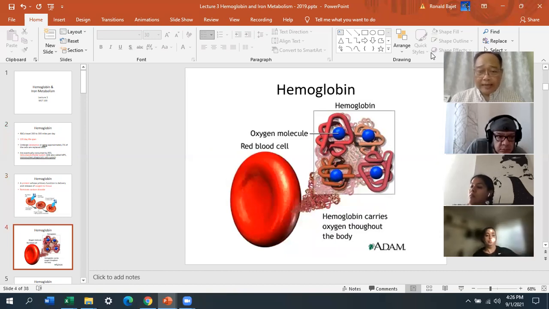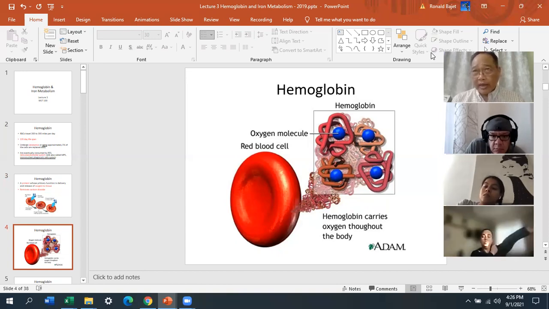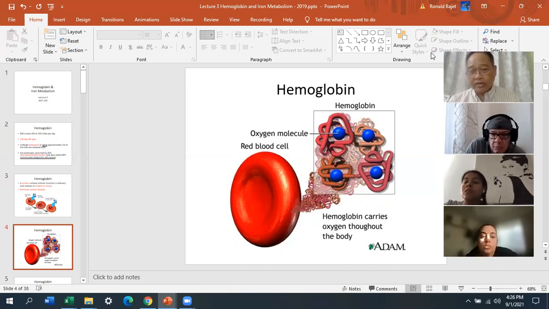Hemoglobin is 4 globin molecules. The oxygen molecule is right there. Oxygen is not a fixed part of the hemoglobin molecule. You can think of oxygen as just a passenger of the hemoglobin molecule. It's like the Uber picks up the oxygen and delivers it to the tissue, and the oxygen gets off.